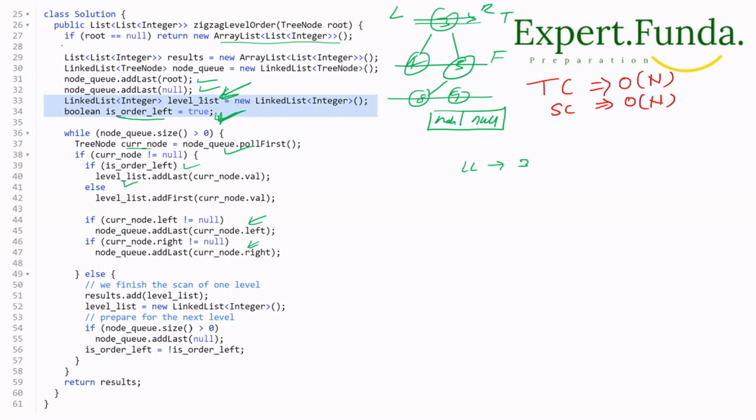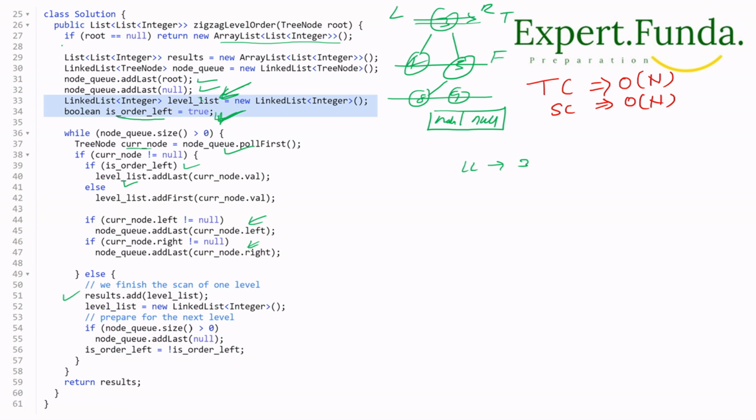Another thing, once we have finished the level, we scan one level, right. How we'll do that, we'll add onto the result the first level, that first level we have already traversed, like for the root.